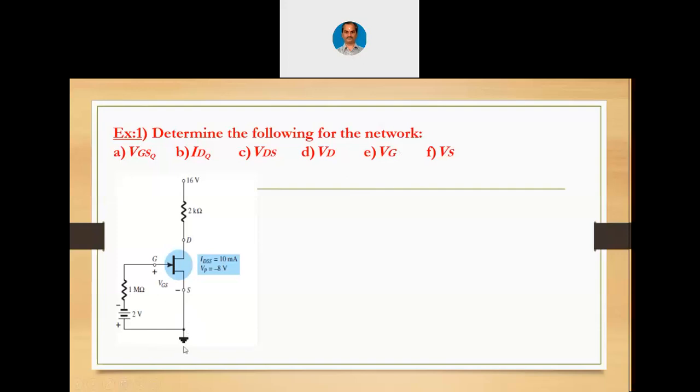VS is nothing but 0 volts as source is grounded. That way you can ignore the last three and the first one. They are obvious. Only thing is you have to find out now IDQ and VDS. Let us see how to find out IDQ and VDS using mathematical and graphical approaches.